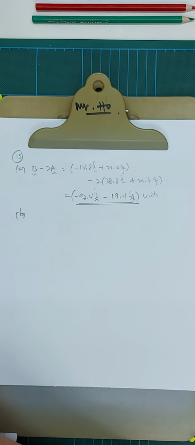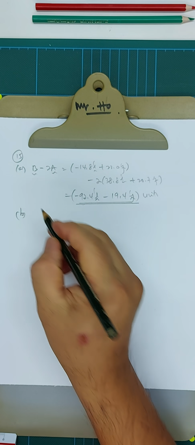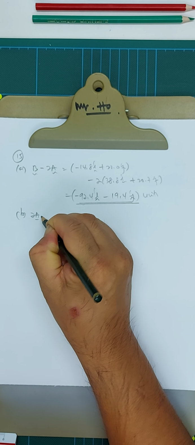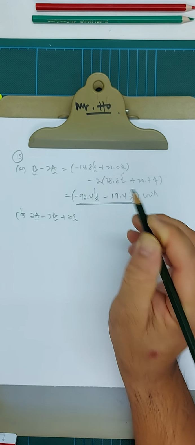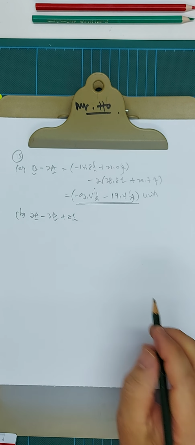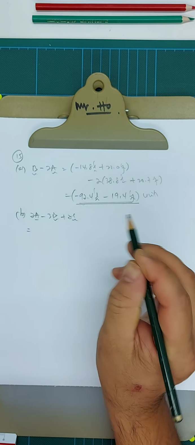Next one, B. B is 2a minus 3b and plus 2c. That one is tedious.